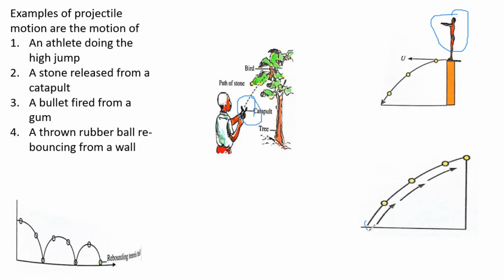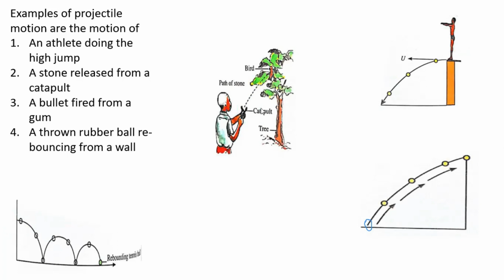Then you have a thrown rubber ball rebouncing. You discover that as it rebounces, the height is reducing. This kind of motion, we call a projectile motion, under the vertical and the horizontal motion.